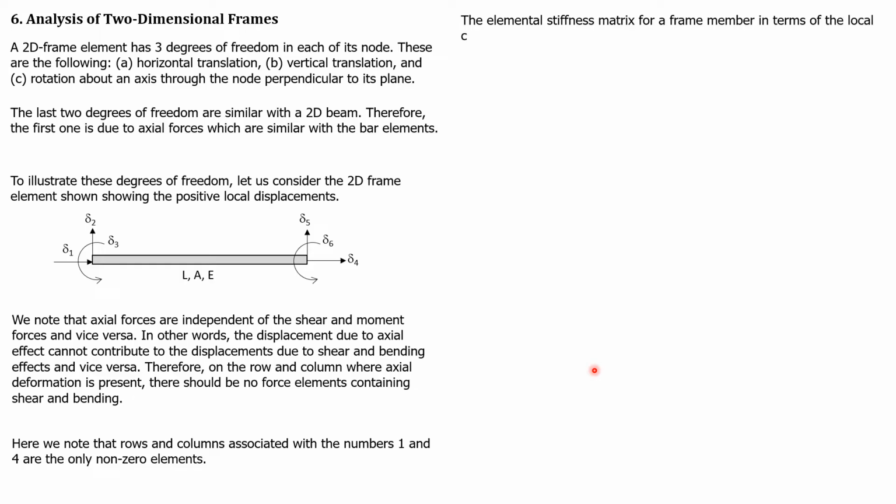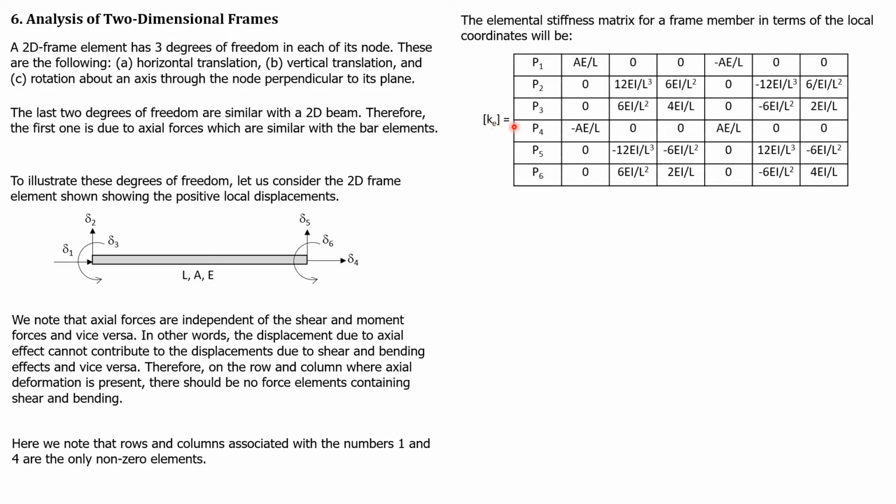So the elemental stiffness matrix for a frame member, in terms of the local coordinates, will be as follows. So K of the element, you just look at rows 1 and column 4. It is where the axial effect is present. So for the rest, it will be 0.